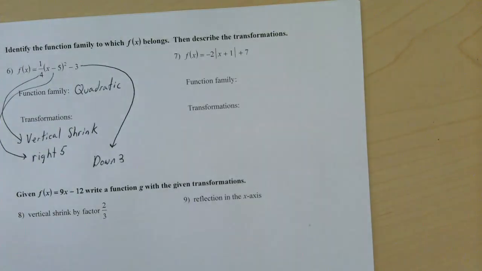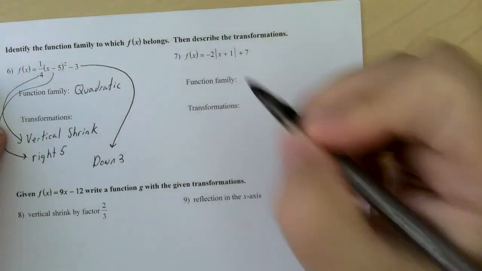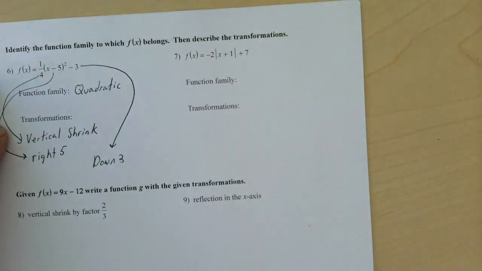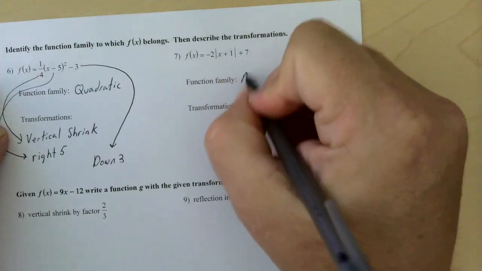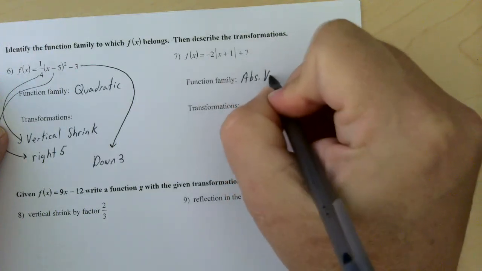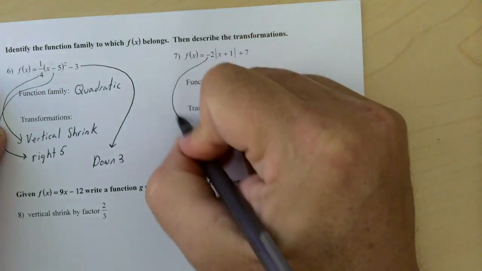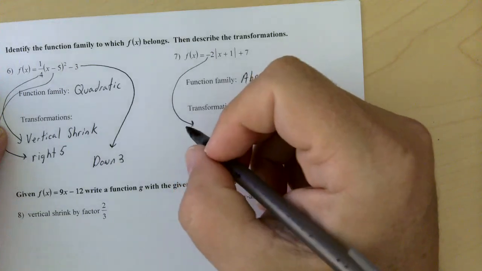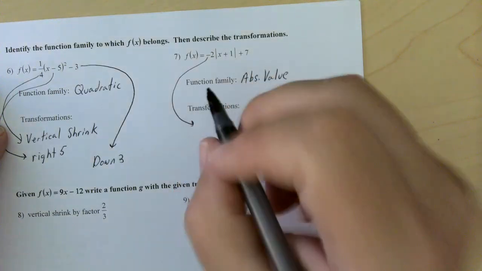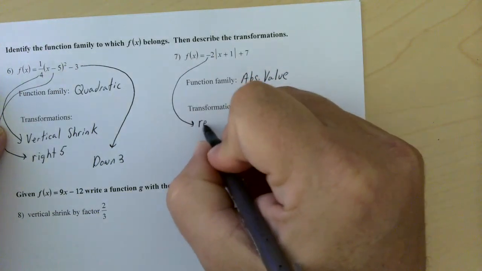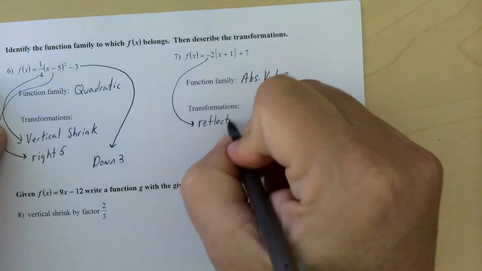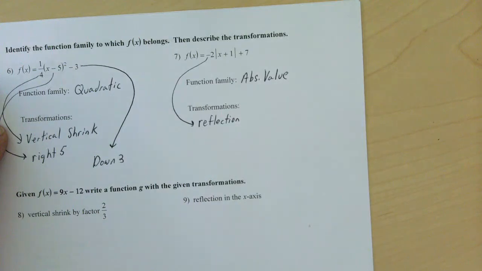Okay, the next one, obviously, is absolute value. Okay, so if you see those straight bars, that's absolute value. And this time I see a negative in front, so we know it's a reflection. That V is opening down. Okay, so it is a reflection, and you must use the word reflection. You can't say flip. So make sure you use the proper term.